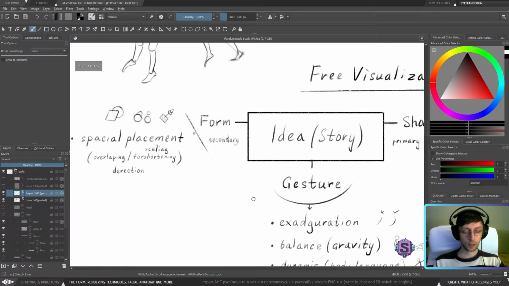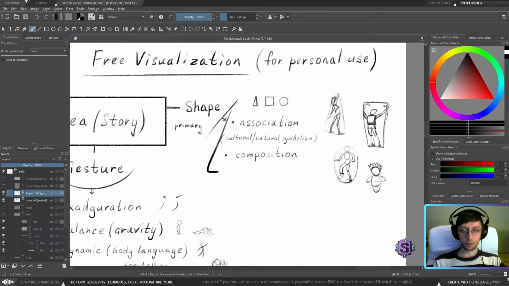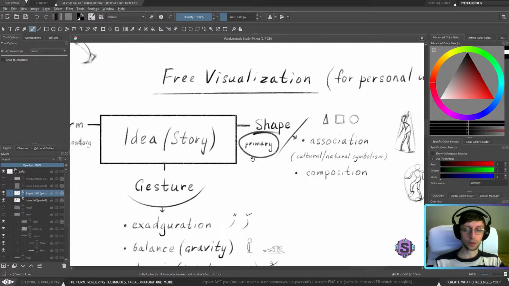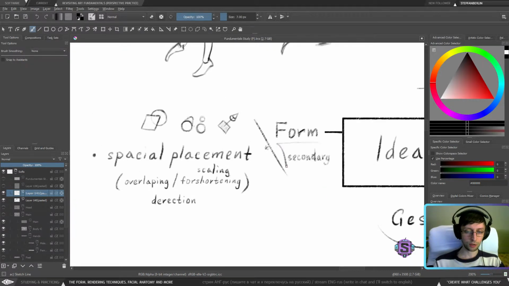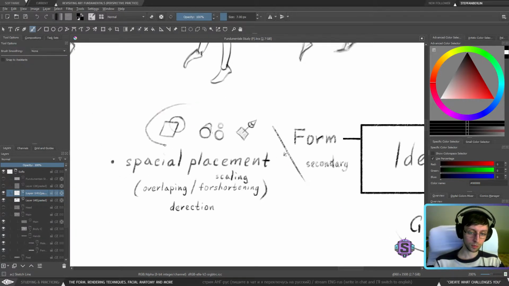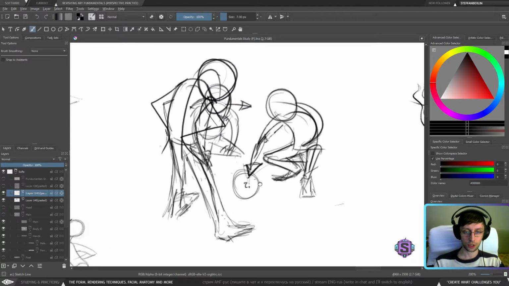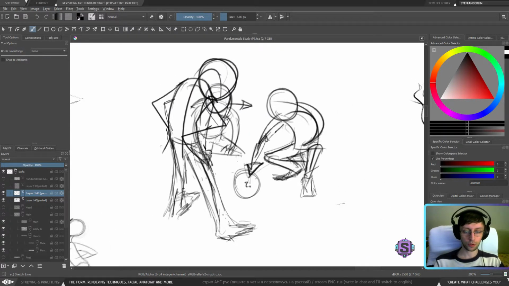Okay, so right here we have two things, and they're going to be primary, so we're going to focus on them the most, and this is something that could be secondary. Sometimes we could integrate overlapping. Usually it's just going to be more like a functional decision, right? So for instance, right here, in order to make sure that they look a little bit more interesting, I'm just going to use overlapping.